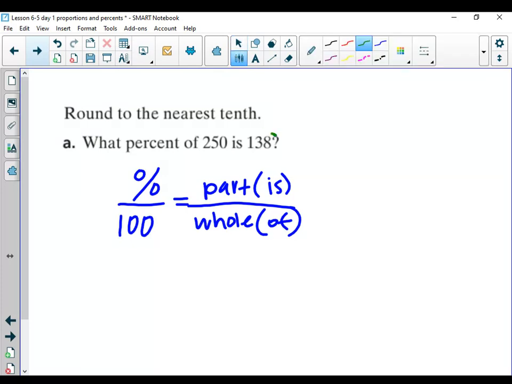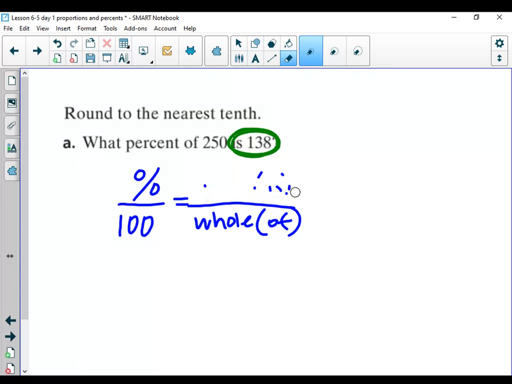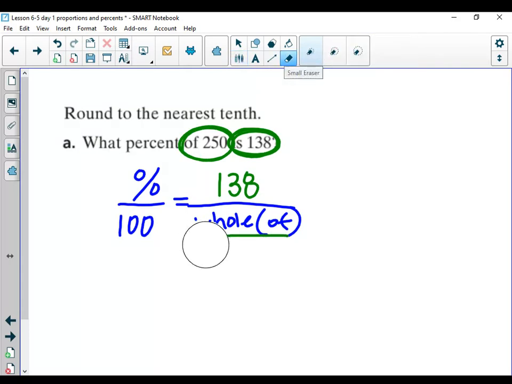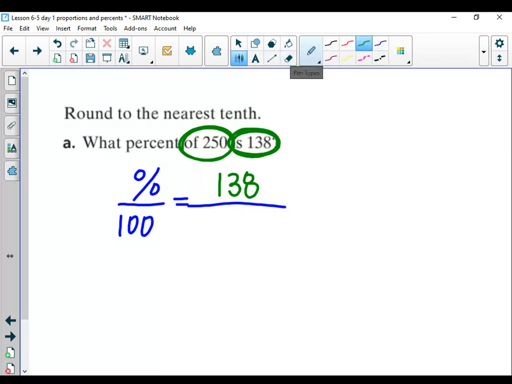Oh, look, I see an is. Which means I'm going to replace my part or is with 138. Oh, look, I see an of. Which means I'm going to replace my whole with 250.